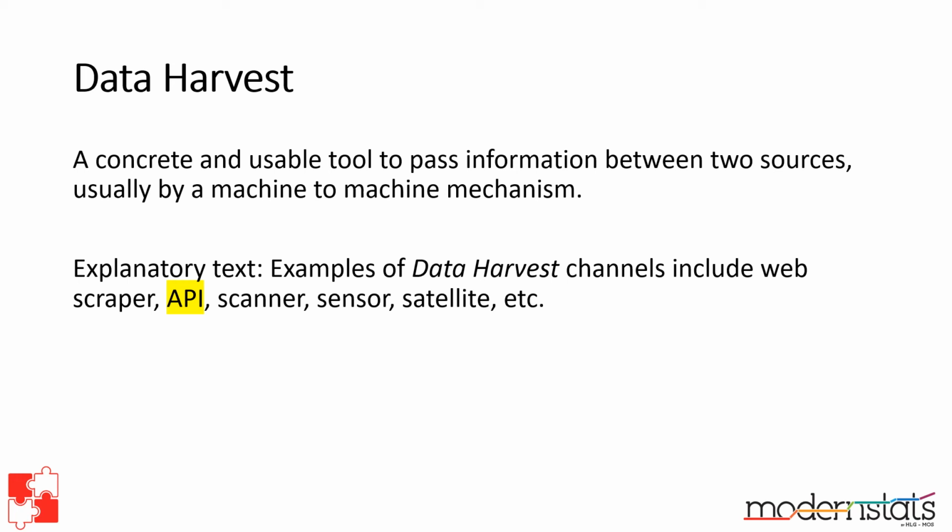This particular API channel has been a challenge for Statistics Norway. We used to receive tailor-made files from the tax department, giving us tax information and giving us the population data. But now the tax department has said, no, we're not sending you tailor-made files anymore.